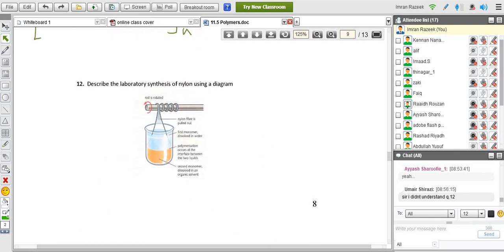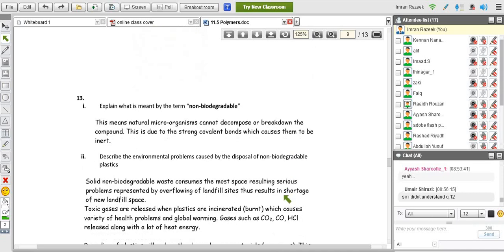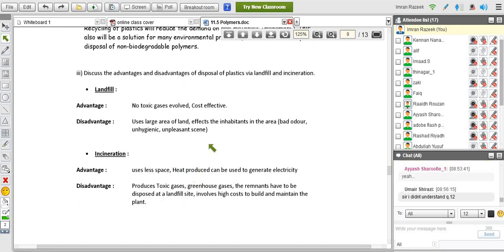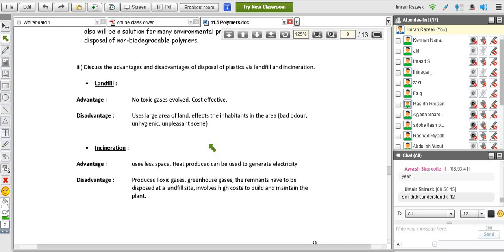Is that clear? So there are many issues with disposing of plastics via landfill and incineration. Incineration is burning. The advantage of dumping all the plastics in a landfill site is that it's the cheapest way to get rid of them, but there are many environmental issues.